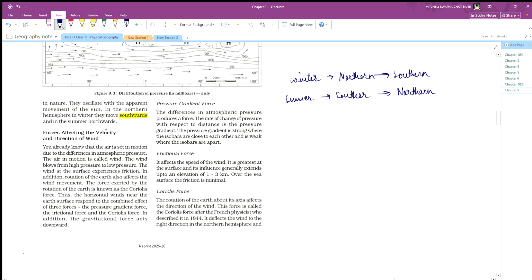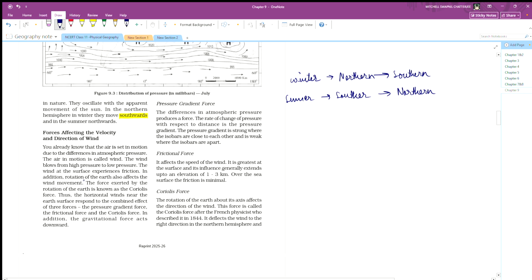The forces affecting the velocity and the direction of wind. You already know the air is set in motion due to difference in atmospheric pressure. Air in motion is called wind. The wind blows from high pressure to low pressure, and wind at the surface experiences friction due to dust particles, gases, and everything that makes up the atmosphere.